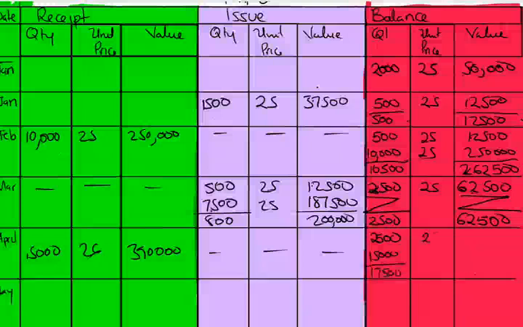This is valuing at 25, this is valued at 26, and this is 62,500, and this one 390. Together, we should find a value of 452,500.